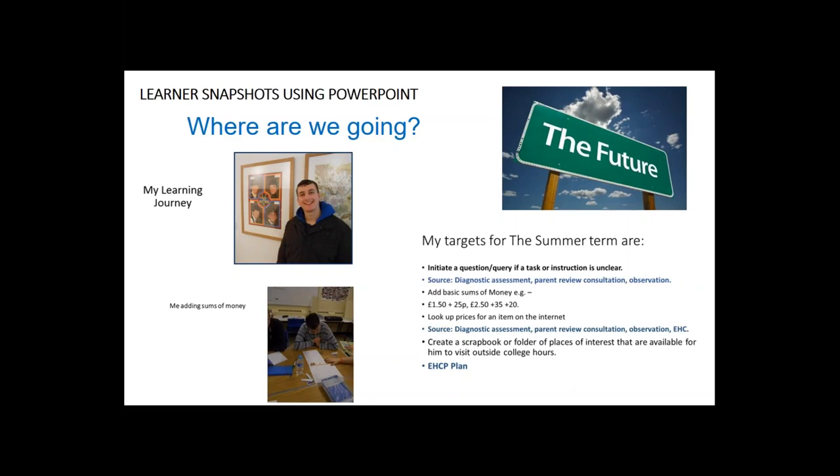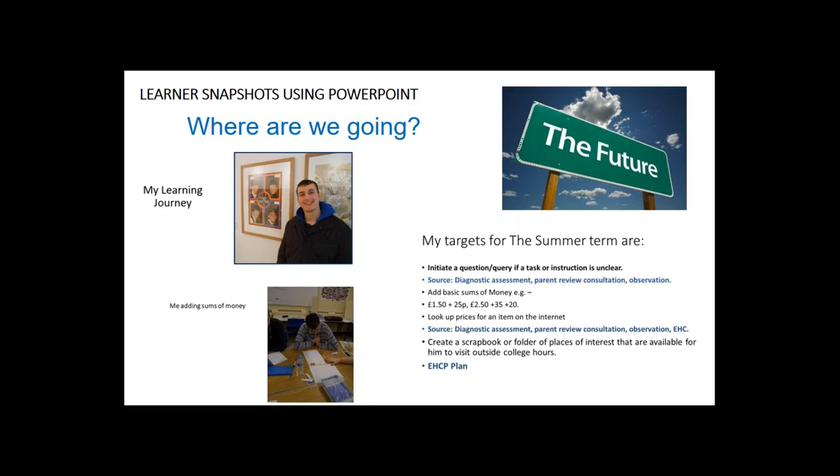Another thing that we do, as I said before, is that the learners create a PowerPoint of their success. This is just a snapshot of one of our learners' PowerPoints from last year. This is Thomas. Why I use this one is that he's got his targets, and the lecturer actually typed these because Thomas doesn't do it himself, as he's working on his literacy and numeracy skills.